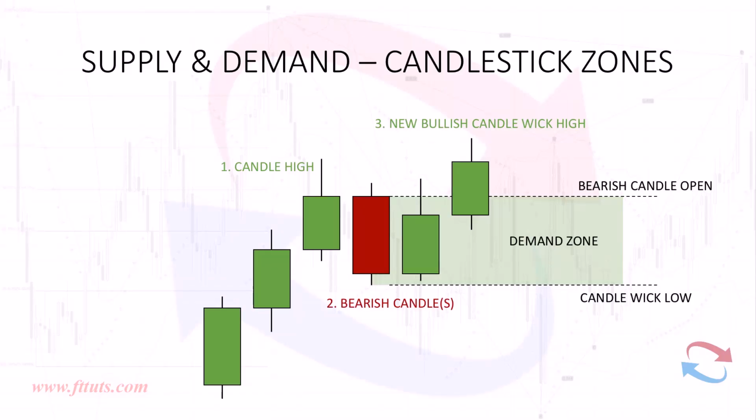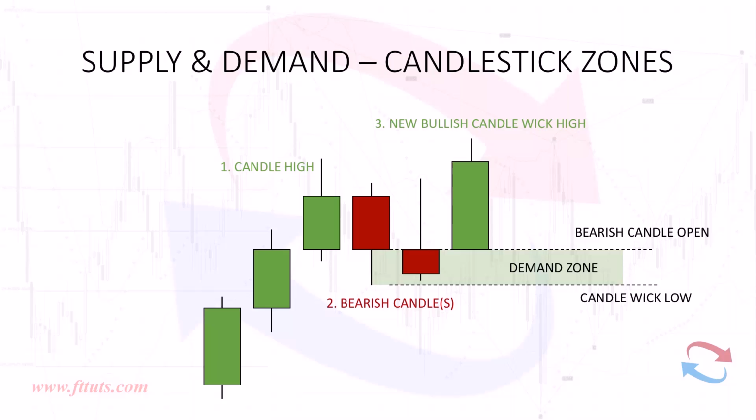Now, if we get a situation like this, where we have a bullish candle, 2 bearish candles, or 3 bearish candles, and then a bullish candle, the demand zone will be drawn from the last bearish candle in the sequence.